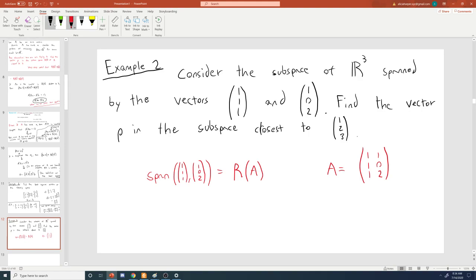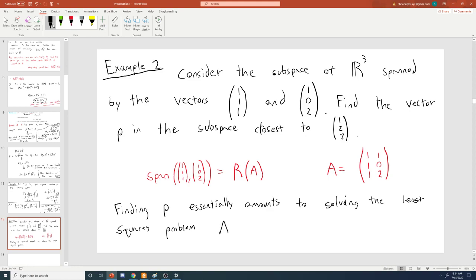So finding p essentially amounts to solving the least squares problem AX equals 1, 2, 3, and computing AX. So let's see how this goes.